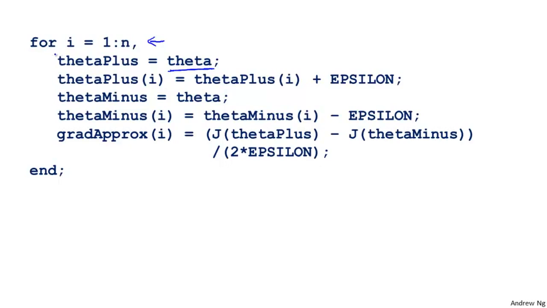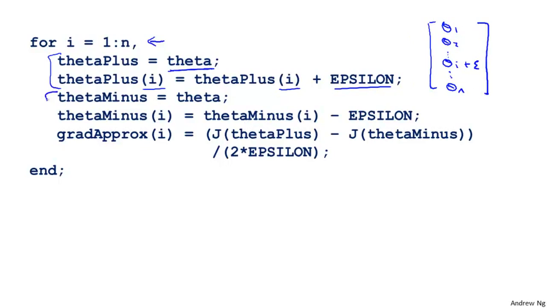I'm going to set thetaPlus equal to theta, then increase the ith element of thetaPlus by epsilon. So thetaPlus is equal to theta 1, theta 2, and so on, and then theta i has epsilon added to it, and then I go down to theta n. So this is what thetaPlus is.